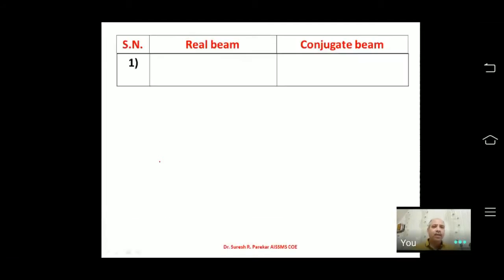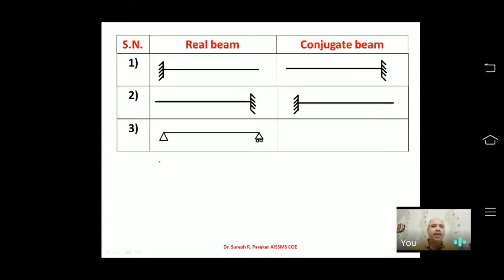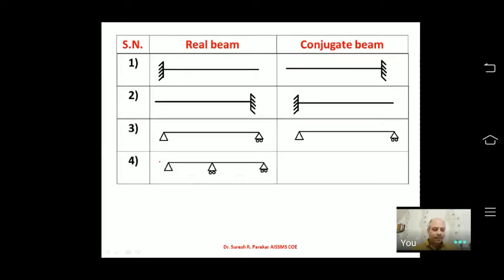Now we can have diagrams, and first you can see the left support fixed in real becomes free in conjugate. So these two slides play a very important role while we are going for the conjugate beam method.